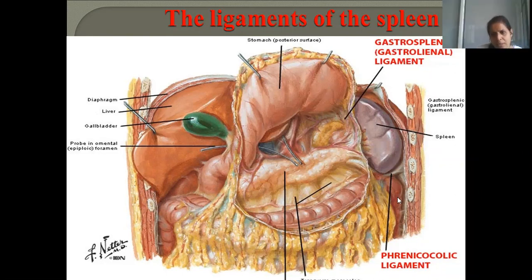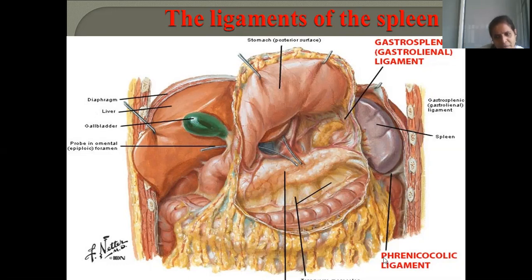Okay. Then see, what is this partition between the thorax and abdomen called? Diaphragm. So see, this is all diaphragm only, and this is our transverse colon, which is moving like this. This is all colon only, transverse colon. So between the diaphragm and colon also, you are finding a peritoneal connection.